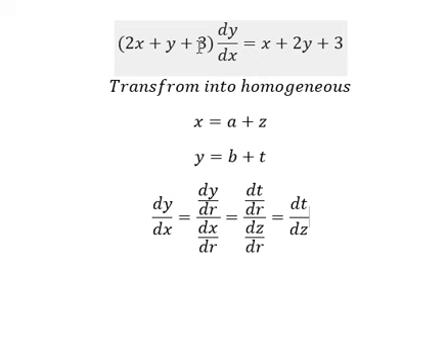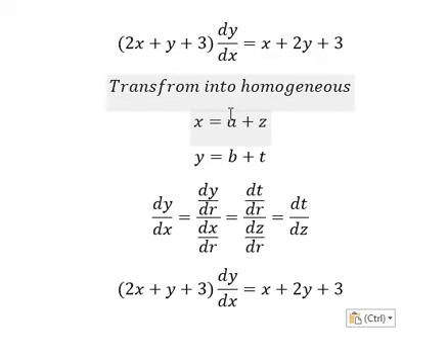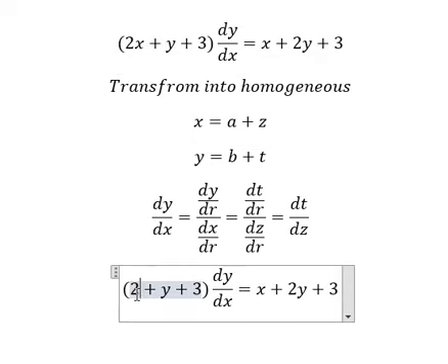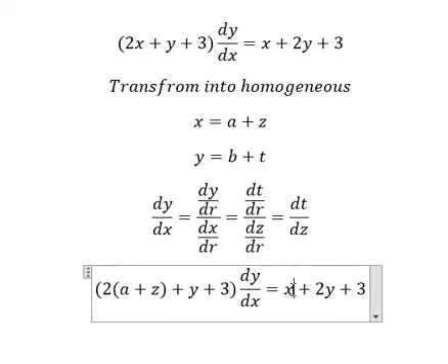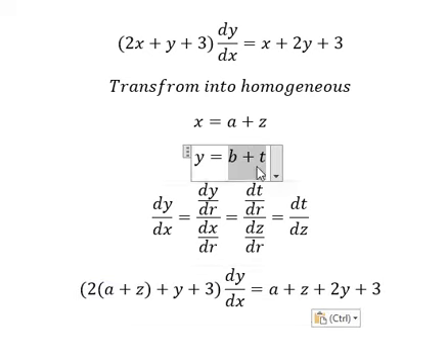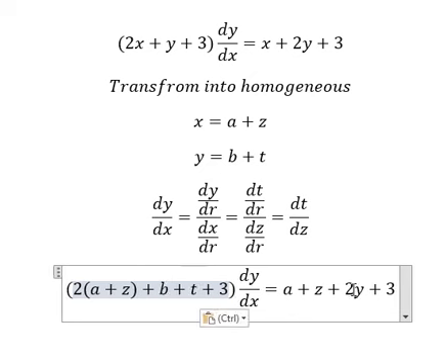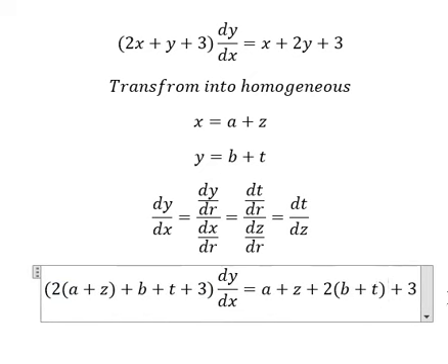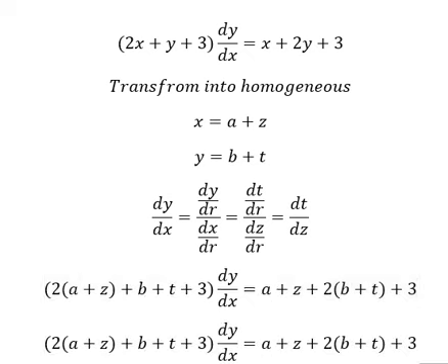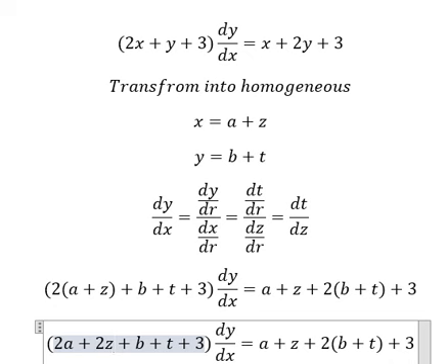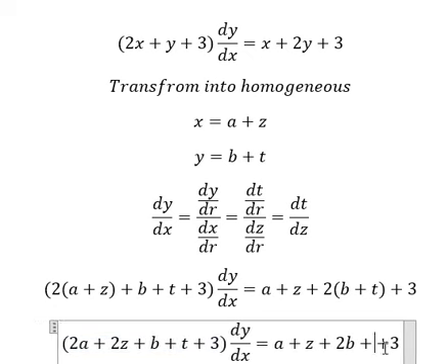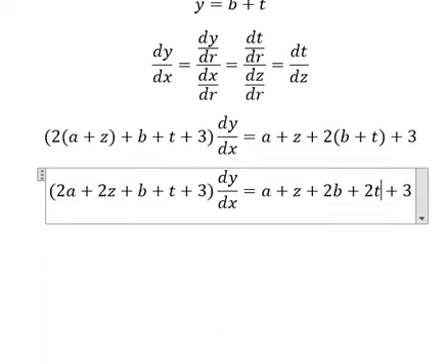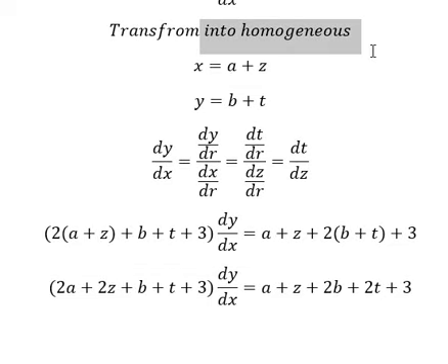The next one, we put x and y go in here and here. And y is this one. So this one we have 2a plus 2z. This one we have 2b plus 2t. So we want to transform into homogeneous.